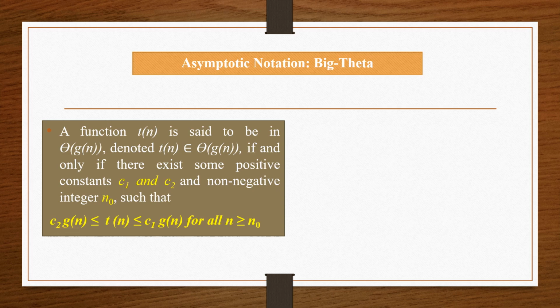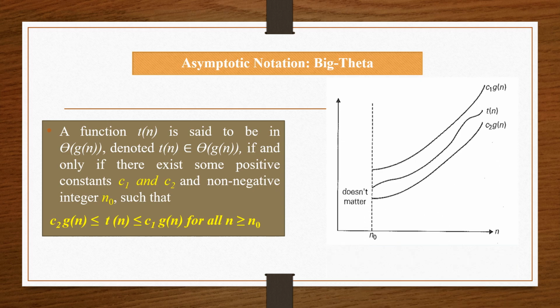So we have two constants, c1 and c2, in big theta notation, and the graph is given like this. t of n will be somewhere in between the first, c1 into g of n, and the second one, c2 into g of n. So learn these formulas for big O, big theta and big omega by heart.